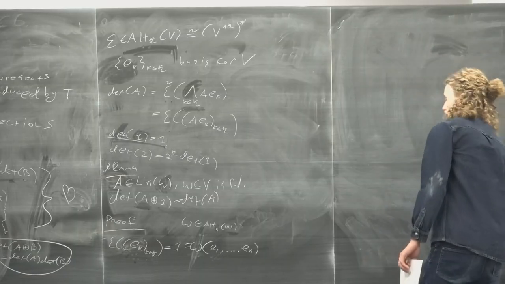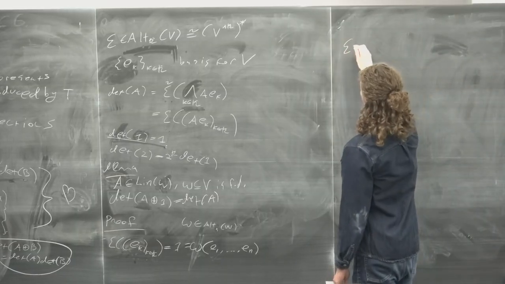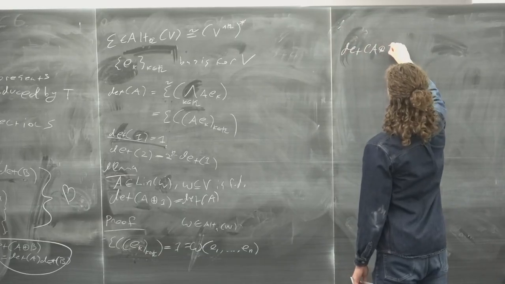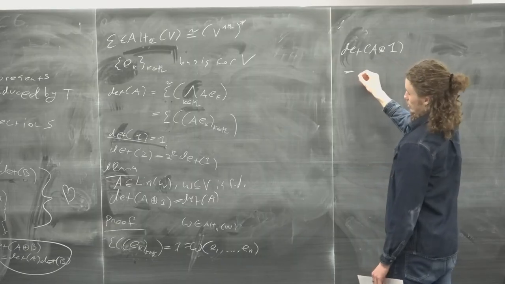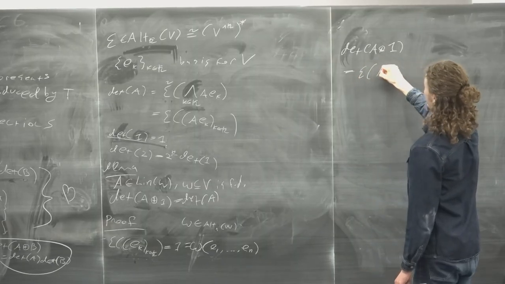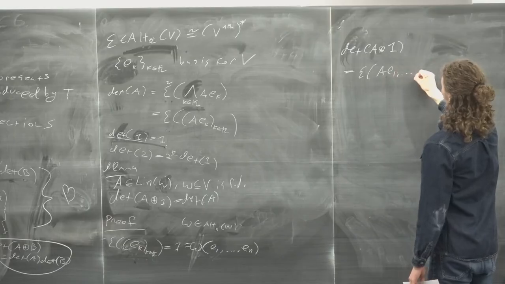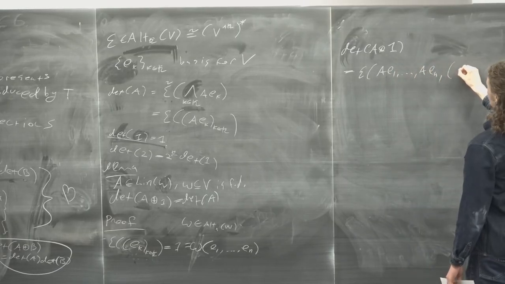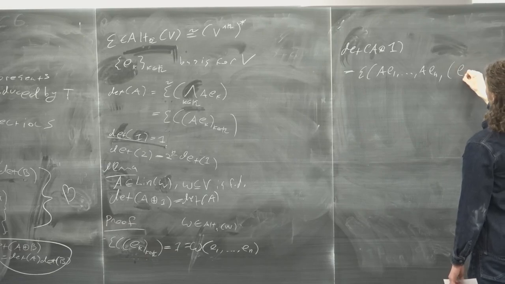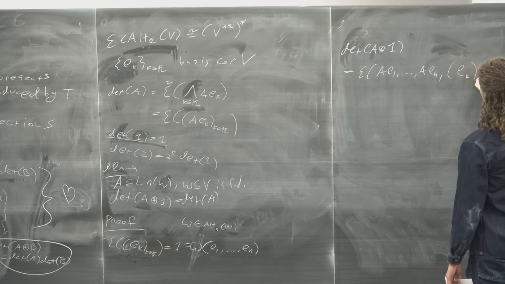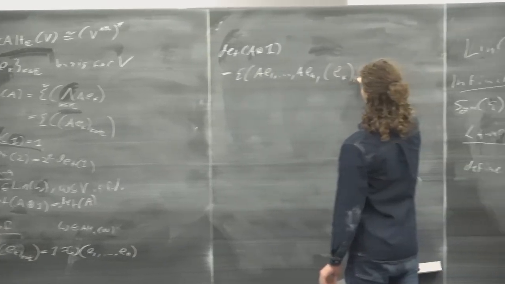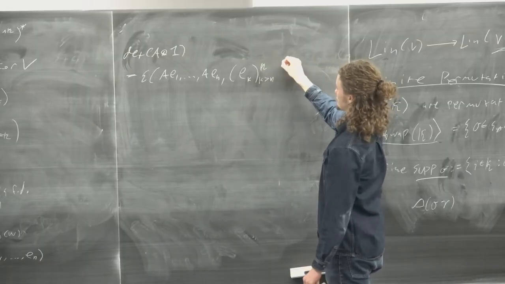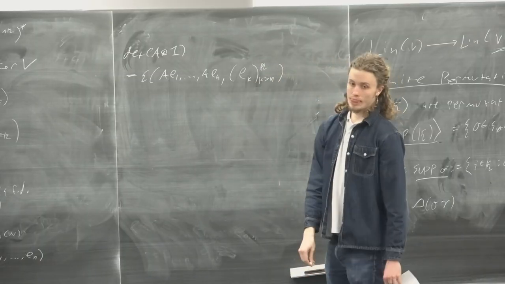So det of A direct sum 1 is epsilon of A e_1 up to A e_n, and then the rest of the tuple is e_k such that k is greater than n, up to kappa. See what I'm saying?